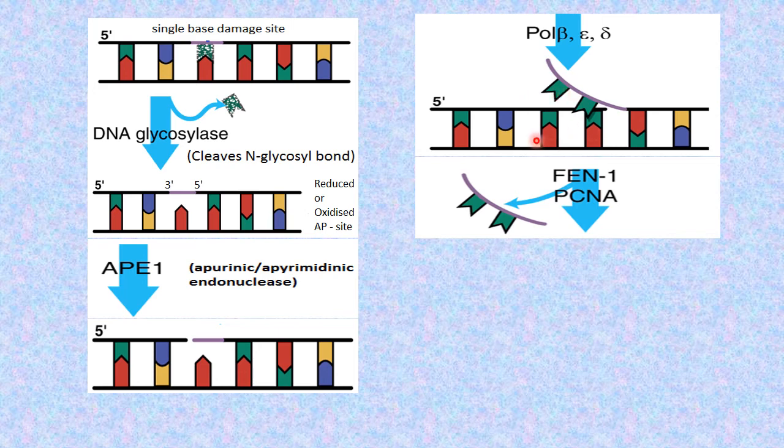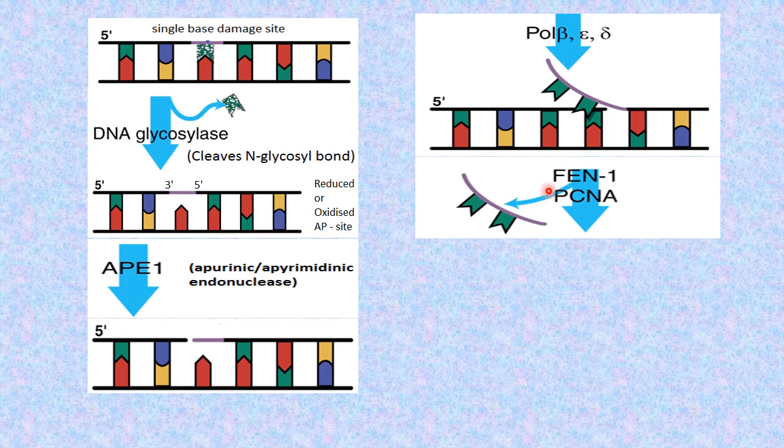And this DNA polymerase, instead of forming just a single nucleotide, forms a stretch of 2 to 10 nucleotides, replacing the original DNA strand that was available over here. And this flap is removed.